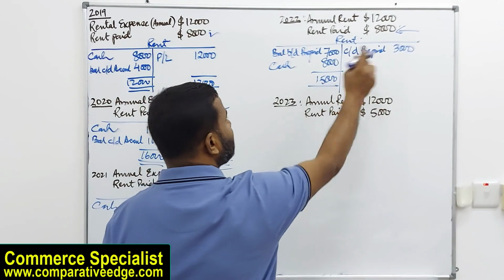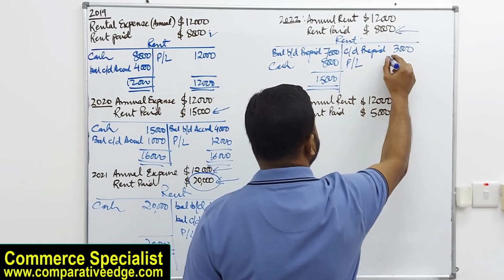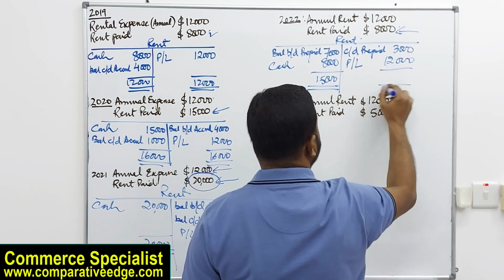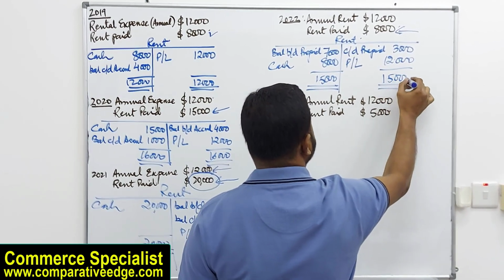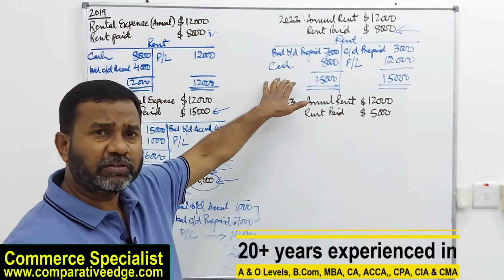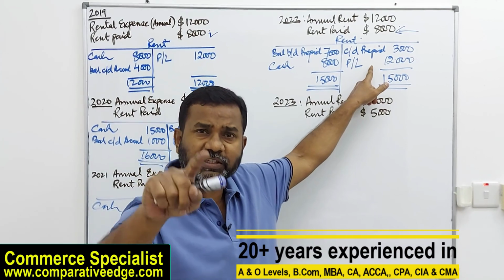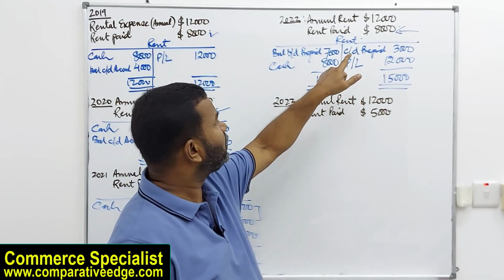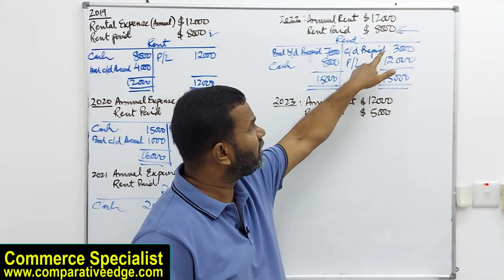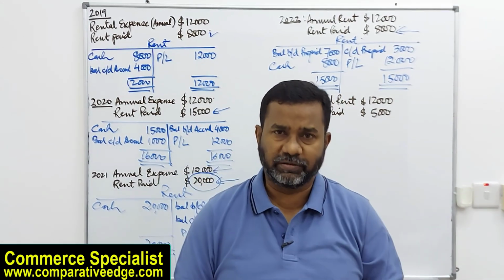So 15 minus 3, charge to profit and loss will be 12,000, which is annual rent, which pertains to this particular year. At this stage, if I prepare my financial statements, 12,000 will go in the statement of comprehensive income as an expense, and this prepayment carried down, closing balance of prepayment, is a current asset, will go among current assets as prepaid rent.